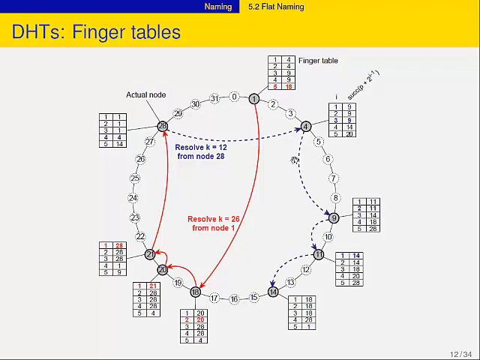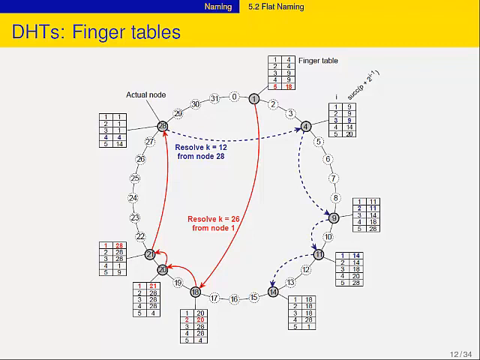Now let's first take a look at this finger table. The entry in the table is the successor of p plus 2 to the power i minus 1. p in this case is 4. i is 1, so I'm looking at the successor of 4 plus 2 to the power 0, the successor of 5, which is 9.